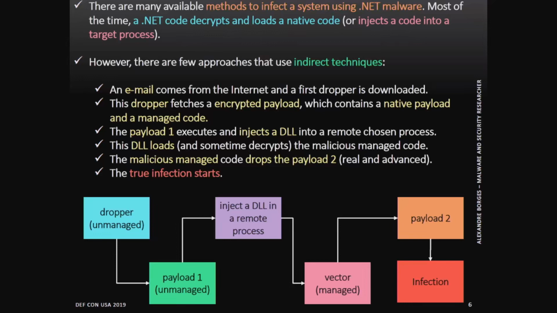This managed code fetches a second stage from the internet. The second stage is the real payload, and the infection starts. So things can be harder than the usual case. And I try to show it in pictures here.